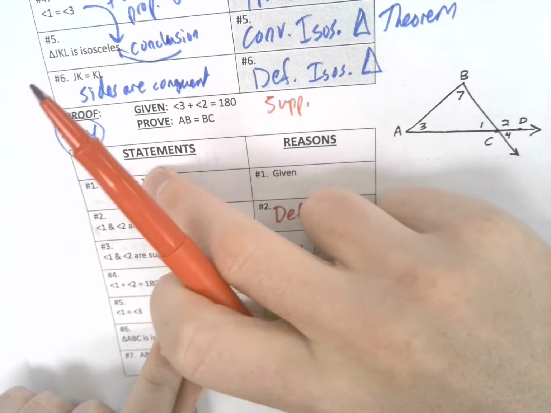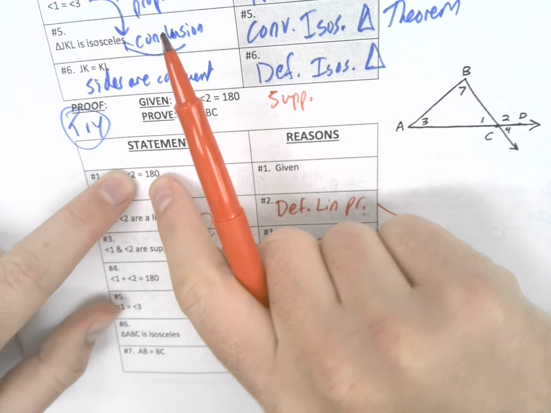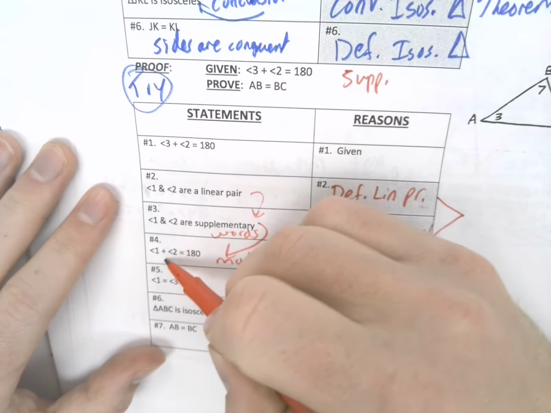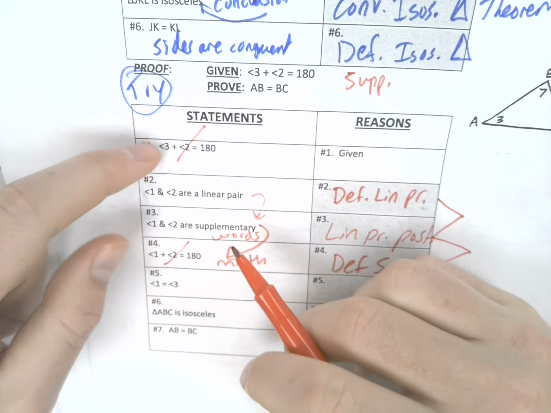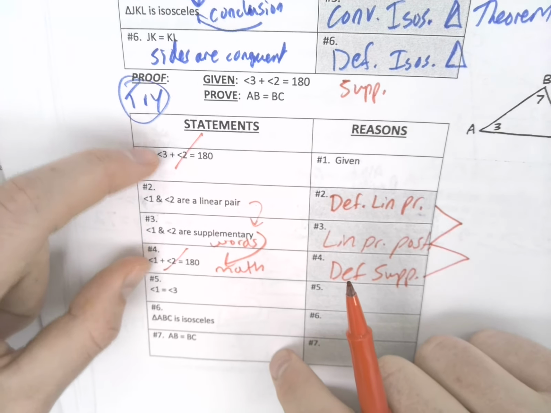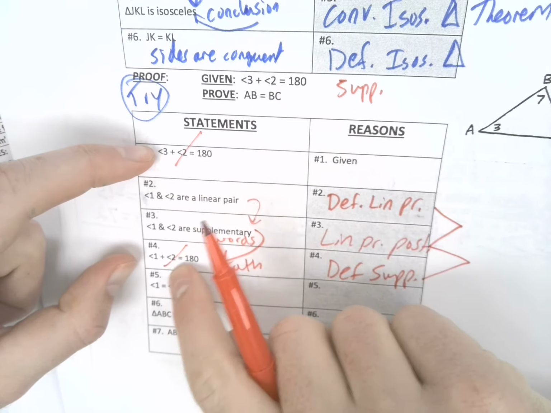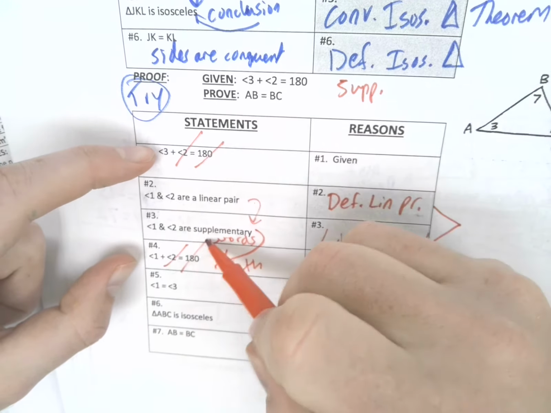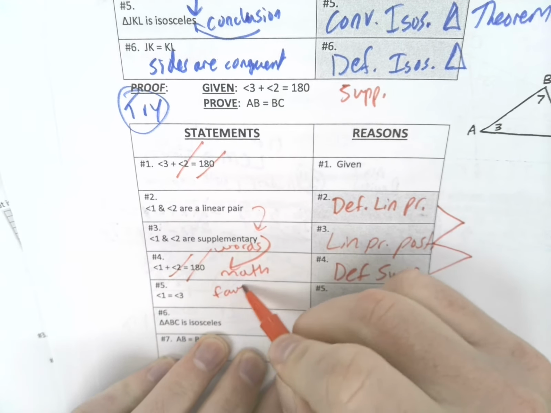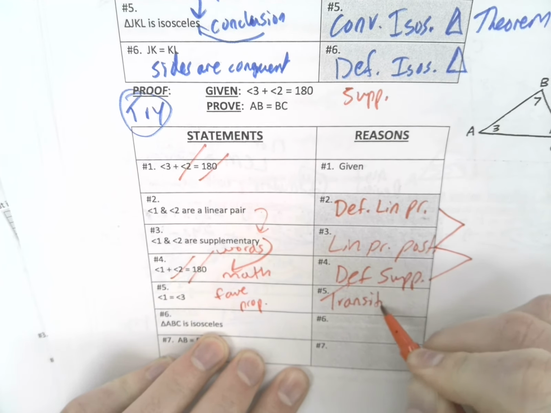So 3 plus 2 being 180 is not really connected to this, but now if 3 plus 2 is 180, and 1 plus 2 is 180, cut out the middleman, couldn't we say that 3 and 1 would also be congruent here? Because obviously they both add with 2 to be 180. So we can say 3 and 1 congruent based off my favorite property, transitive.